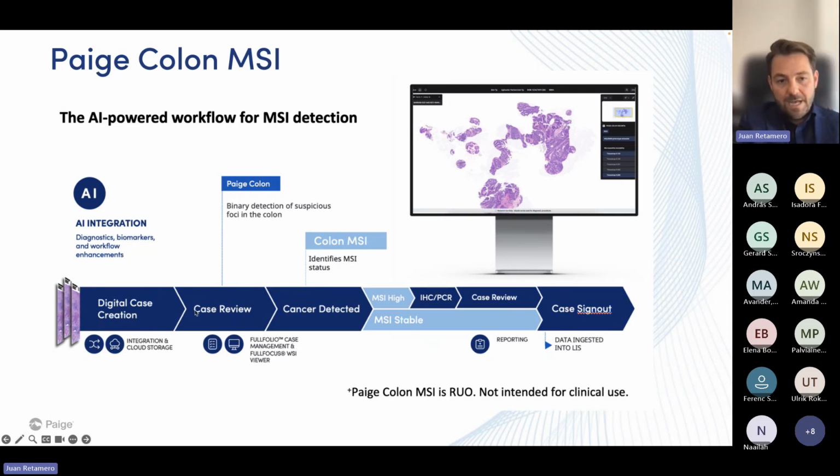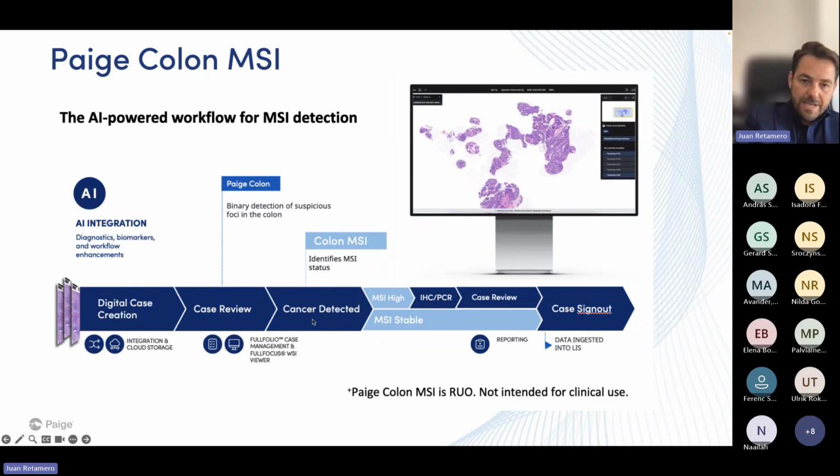So in other words, another AI tool would help detect whether cancer is present or not on a slide level. And if so, then the colon MSI algorithm would kick in to screen this tumor, detected by the previous algorithm, for the MSI status.